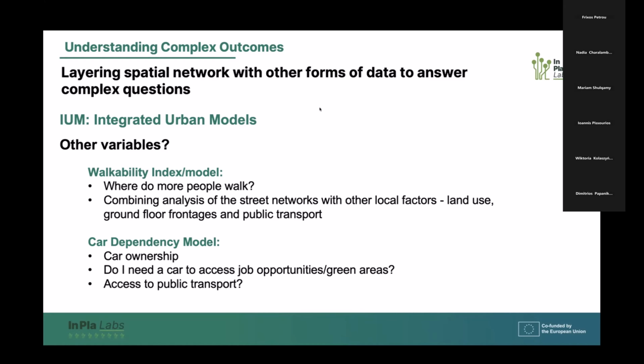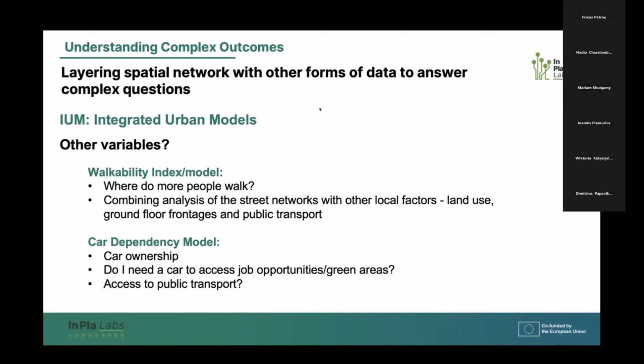The second model is the car dependency index, which incorporates more factors, including car ownership and also accessibility to jobs with or without cars. So it can help you answer questions like, do I need a car to access job opportunities? Do I need a car to access green areas, public areas, public transport?